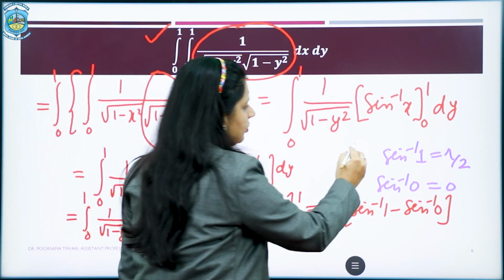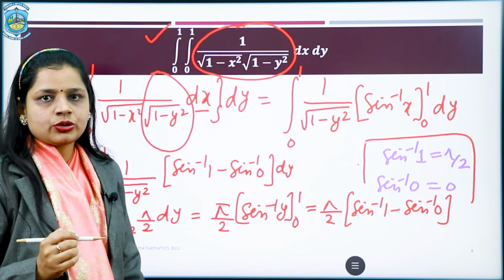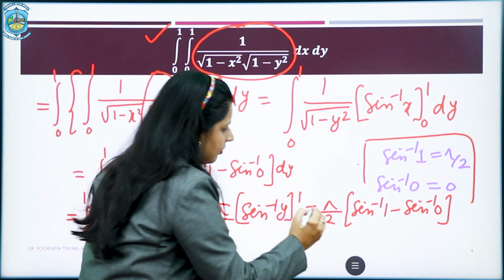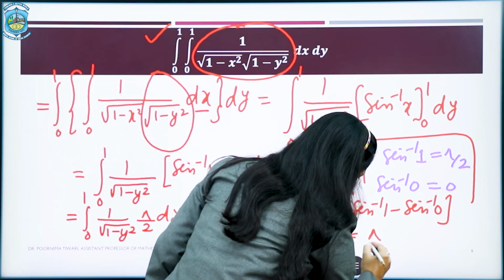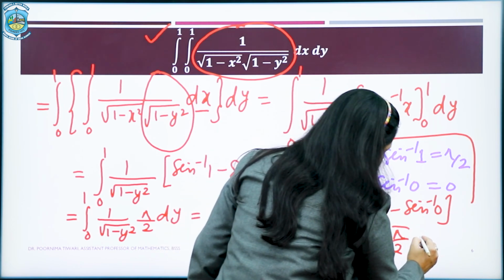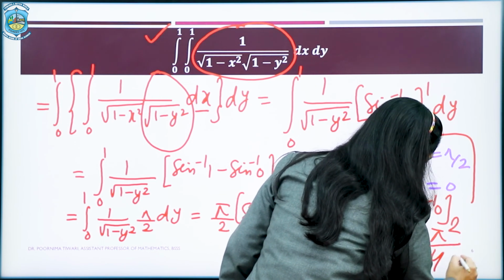Again we'll substitute these values. Sine inverse 1 is pi by 2 and sine inverse 0 is 0. So we'll have one more pi by 2. So this pi by 2 multiplied with pi by 2, that is, the value of this integral is pi square by 4.